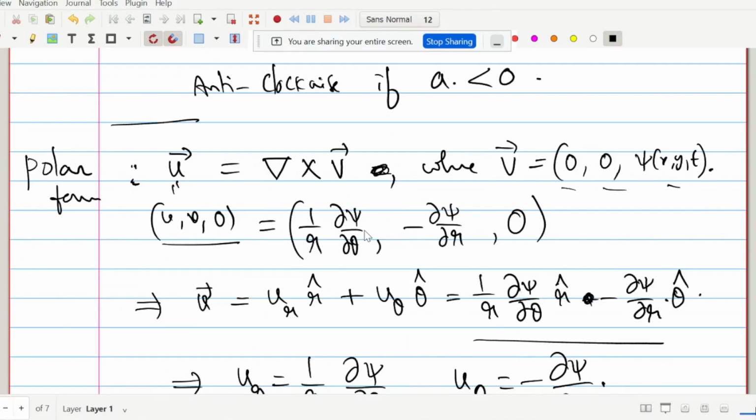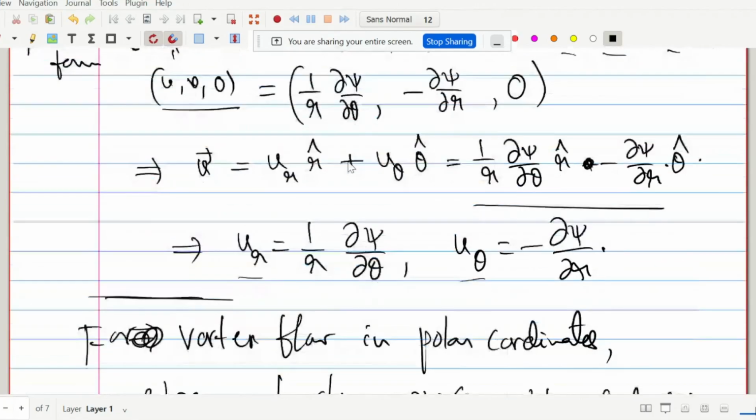A constant doesn't matter, because U and V are nothing but derivatives of psi, so the flow is not changing. But in 3 dimensions it is not unique because you're adding the gradient of any function, which is another vector, so that need not be constant.